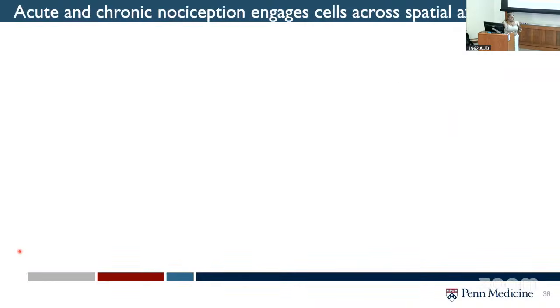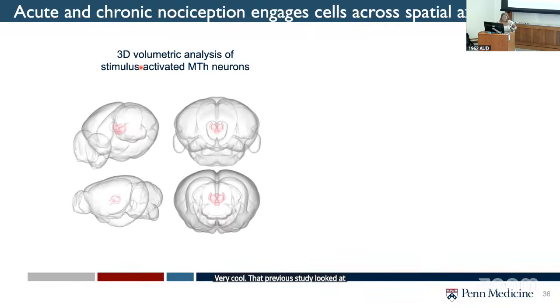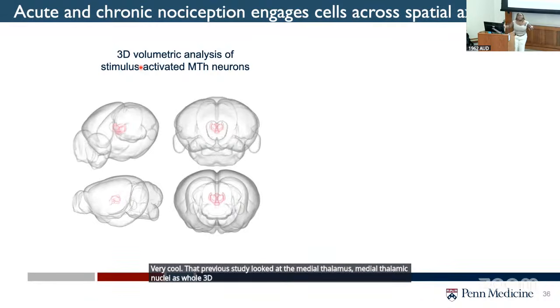So very cool. That previous study looked at the medial thalamic nuclei as whole 3D structures. And we've even established this atlas of activation within the medial thalamus that can be used for future studies for anyone who wants to look at these neurons in vivo or anything like that.